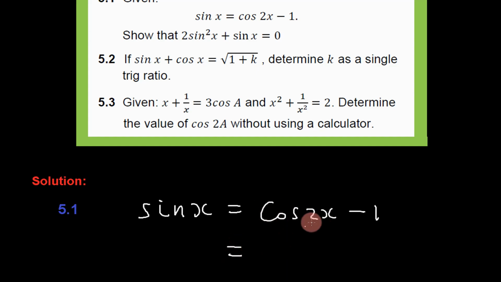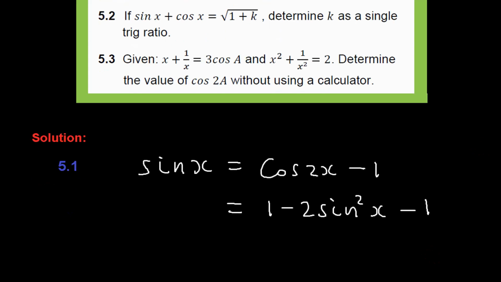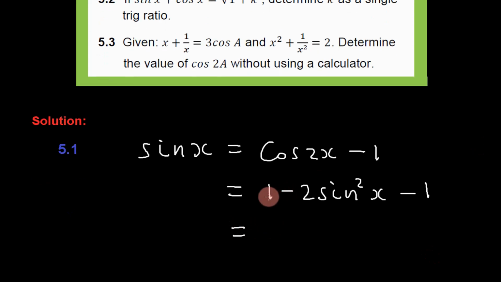We know that cos 2x is 1 minus 2 sine squared x. Remember that this is one of the three expansions for cos 2x. Now the 1 here cancels with a negative 1, and we're left with negative 2 sine squared x on the right hand side.